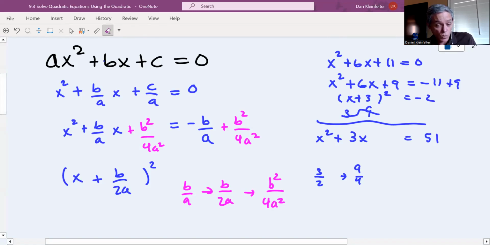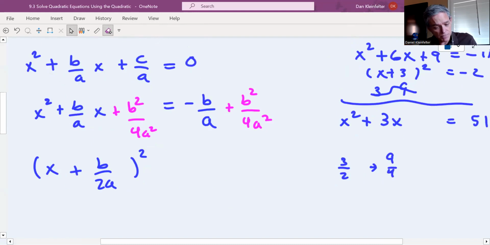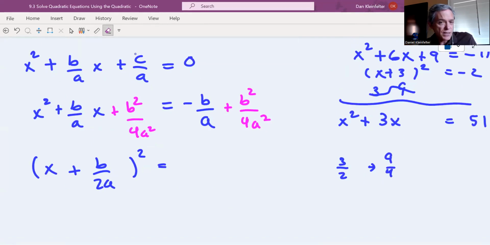It's half of 6, or equivalently, the square root of 9. Here, we have b over a, so we'll have b over 2a. Now, for the right side, we're going to need to get a common denominator so that we can get that arithmetic done. The denominator in blue is a, the denominator in pink is 4a squared. So we're going to take that left fraction and multiply the top and bottom by 4a.